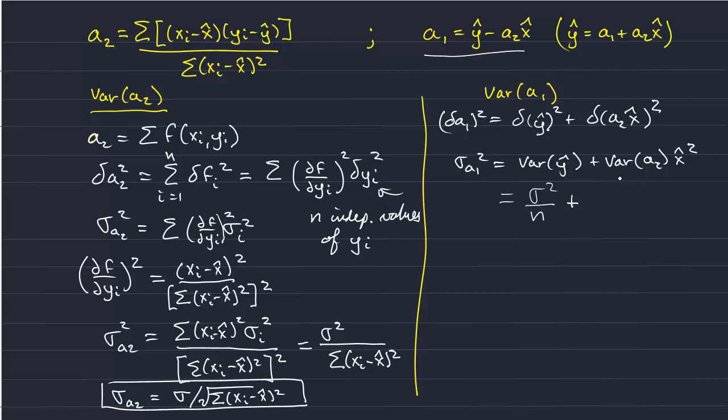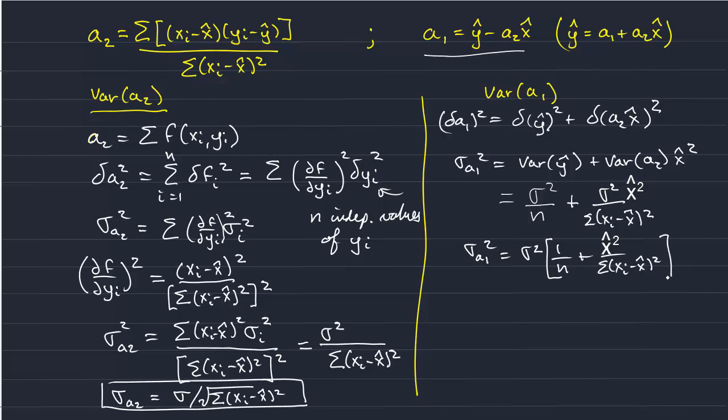And then we have the variance of our slope, which is sigma squared divided by the sum of our squared deviations of x from its mean. And this gives the variance of A1 is equal to sigma squared times 1 over n plus 1 over the sum of the square deviation of x from its mean.